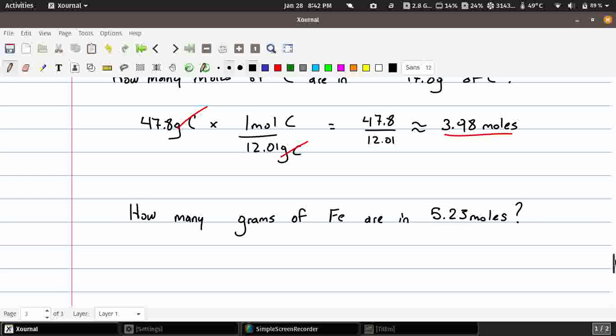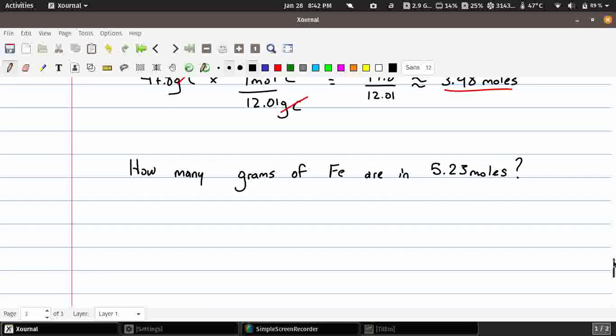Do different numbers in case you're rewatching this so you can see it again. So, again, we are given 5.23 moles. And Fe is iron. That's number 26. The molecular mass, or molar mass, is 55.845 grams a mole.